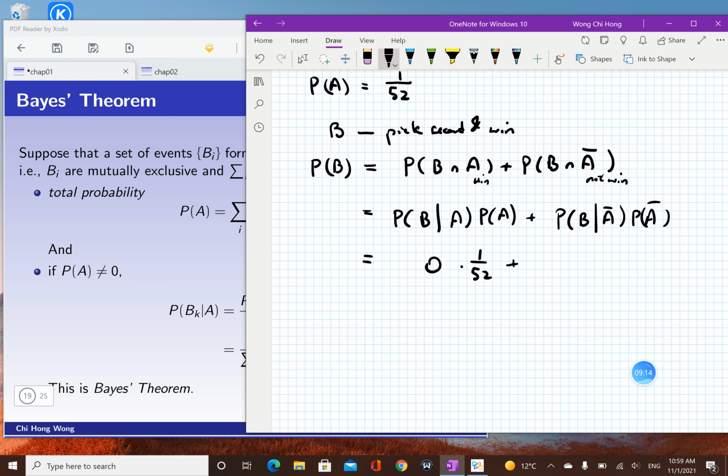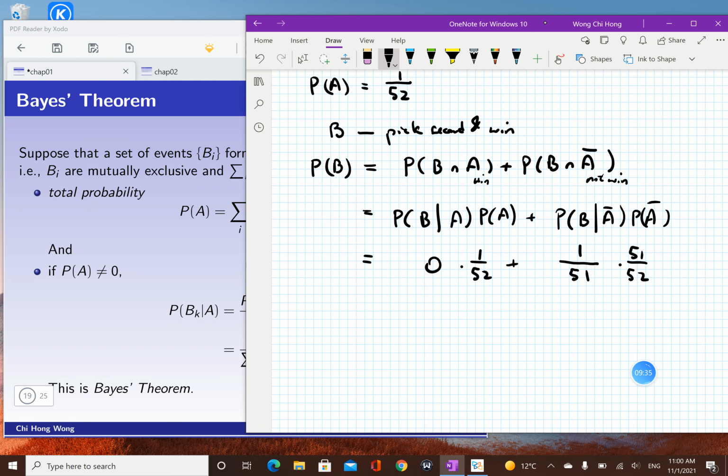On the other hand, if he doesn't win, so he's picked 51 out of 52, the wrong card, not the three of hearts, then you have 51 cards left, and then you pick the right one.